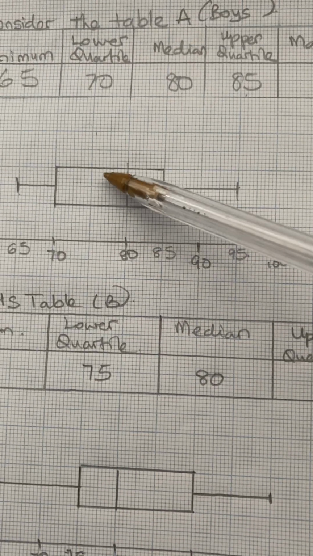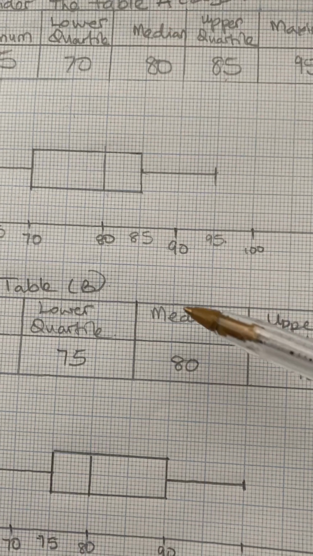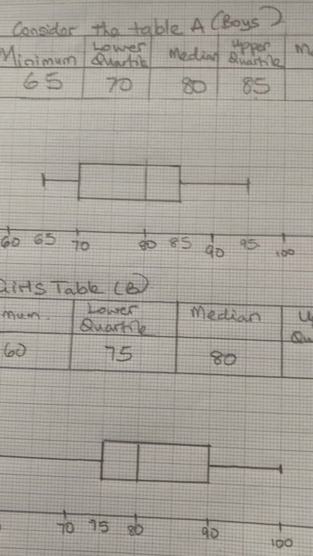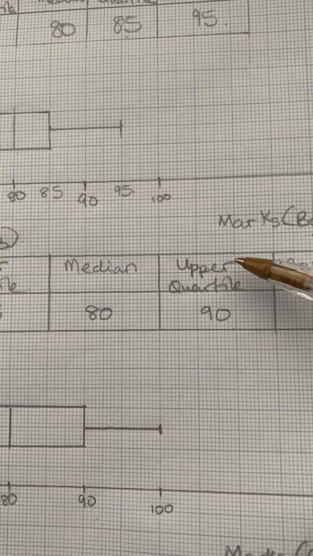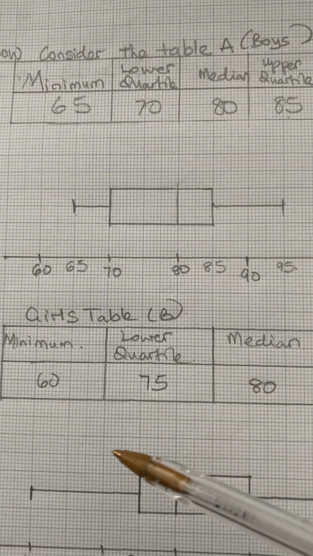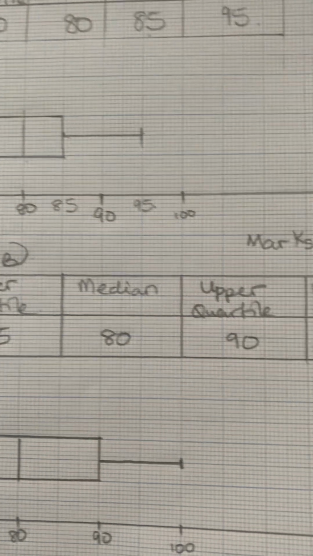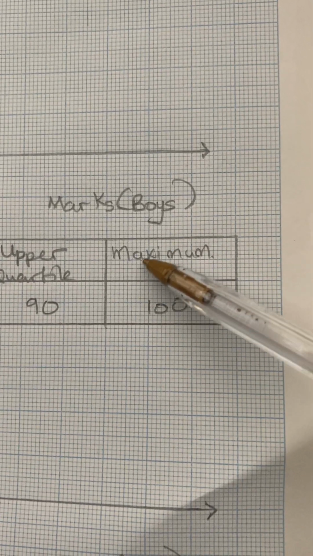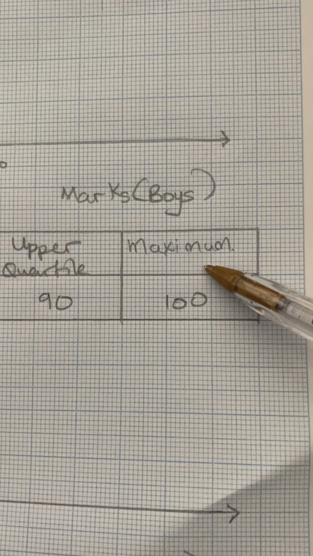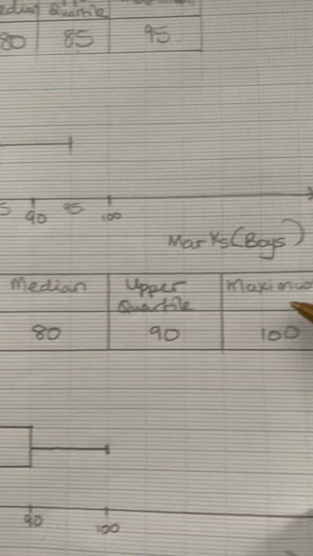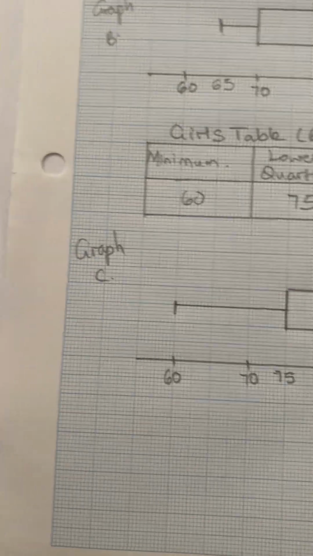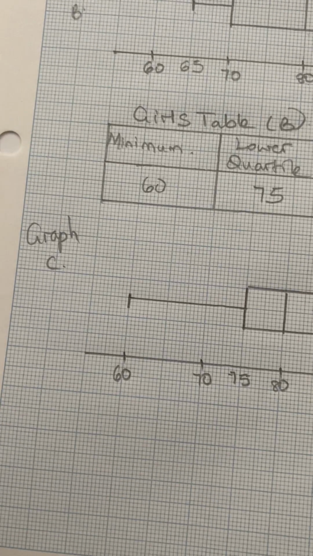The median is the same for boys and girls. Okay, so if the upper quartile is 90, now because we've pushed this in, the maximum marks for girls is 100. Okay, so now we are going to plot this on our box plot.